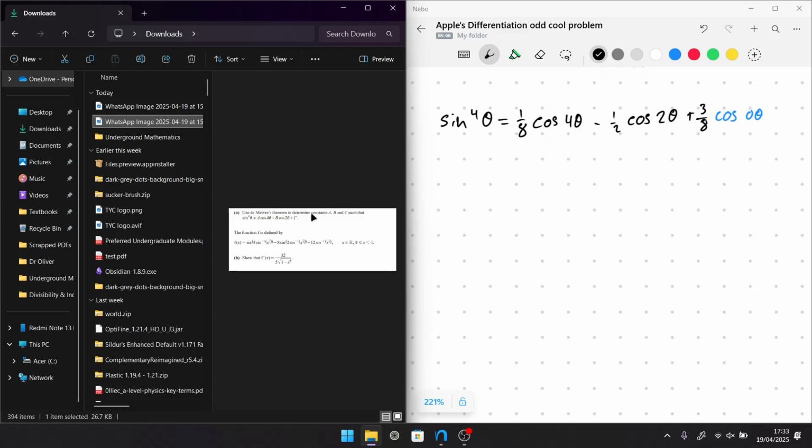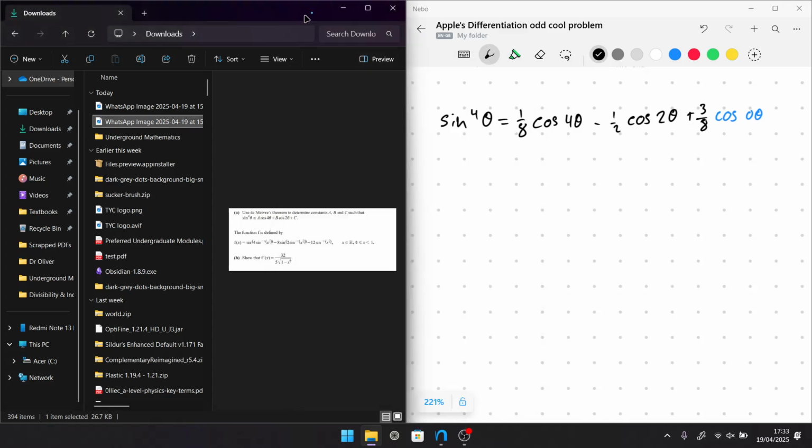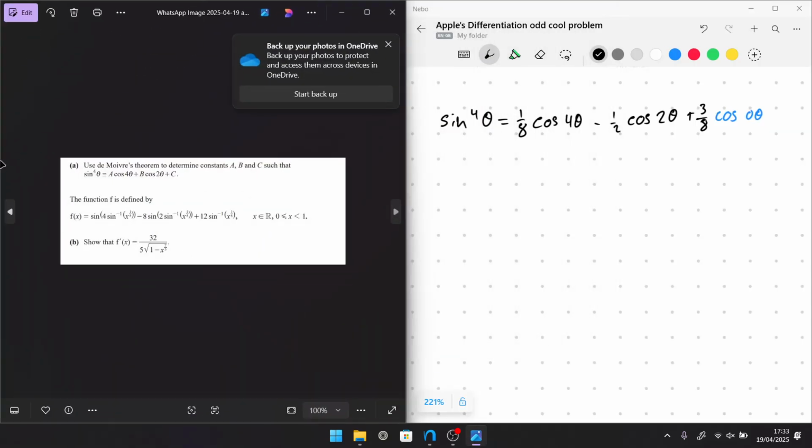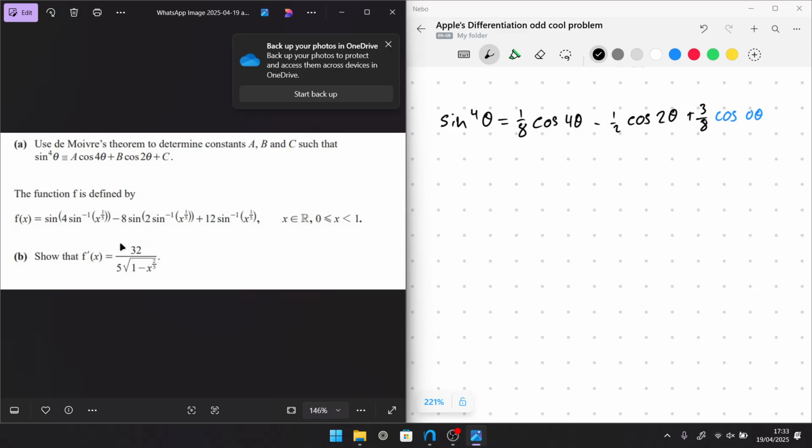Then I need, I didn't think this through. F of x is very long. F of x equals sine of 4 arc sine x to the 1/5.